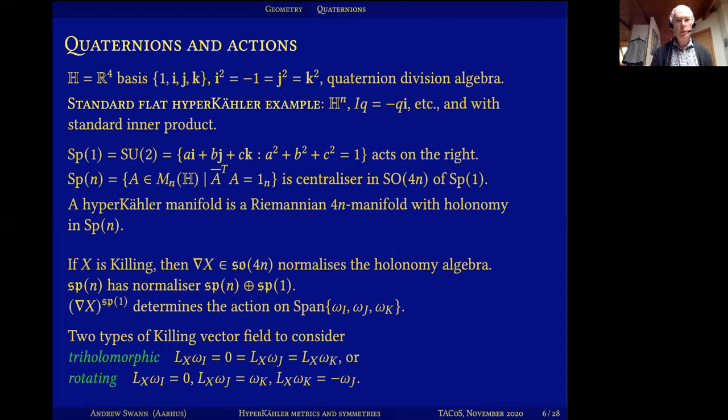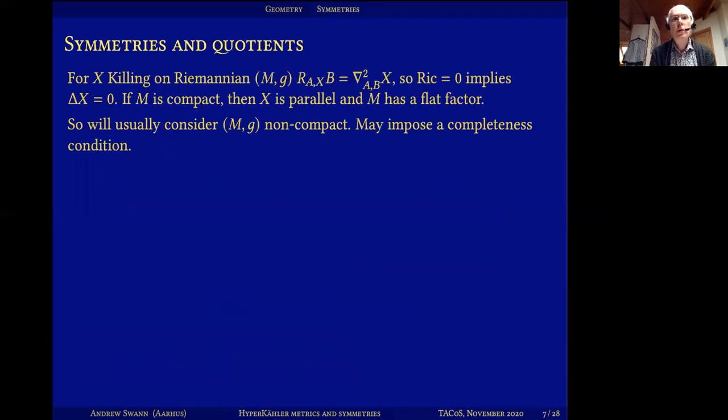Exactly because of what I mentioned earlier, these combinations of I, J, and K still give you compatible complex structures, so you can always relabel your geometry. So in the rotating case, you have that omega I is preserved by X.